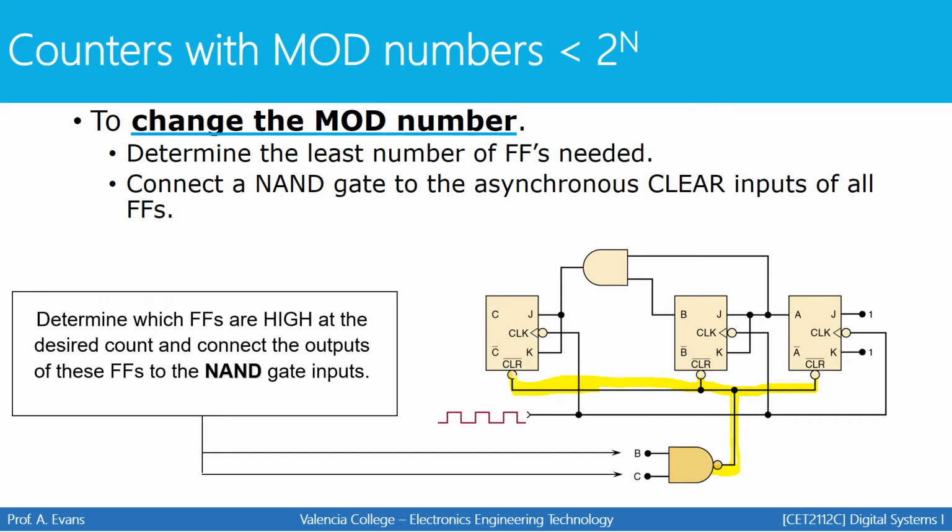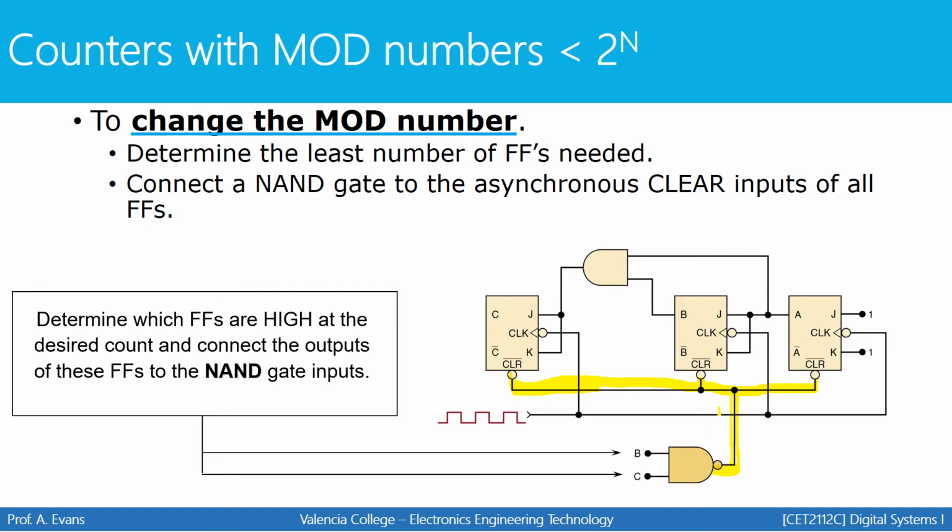And these clear inputs are active low inputs. If I want to force the output of the flip-flop to be cleared, if I want to force the output of the flip-flop to be 0, I have to send a low signal to each one of these inputs.